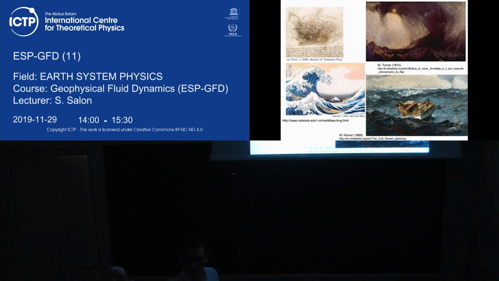And if you think Japan, you think about? Earthquake, tsunami, yes. So we can also put tsunami here, which is a very interesting phenomenon because it puts together solid Earth, geophysics and fluid dynamics. And this is another interesting painting, with a man possibly lost in the ocean in the Gulf Stream, with the sharks here.